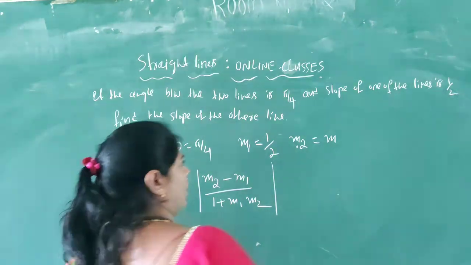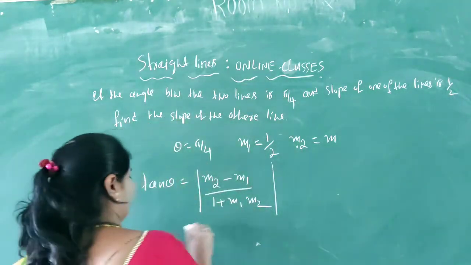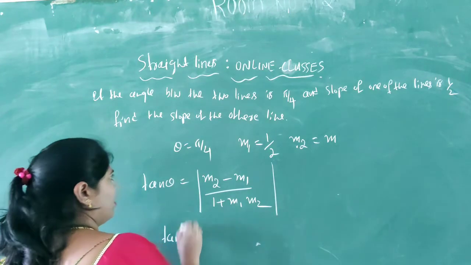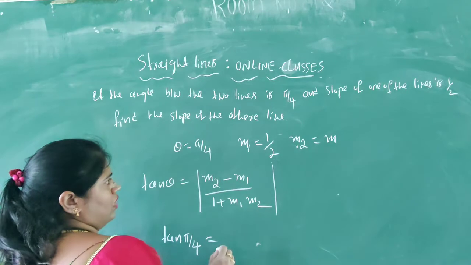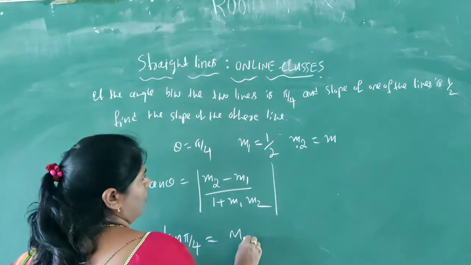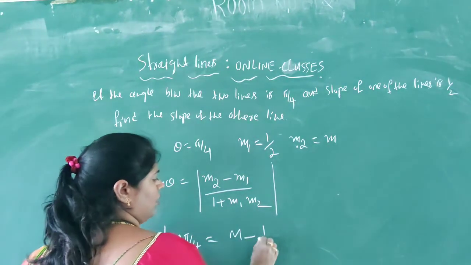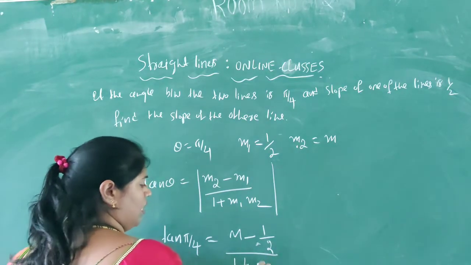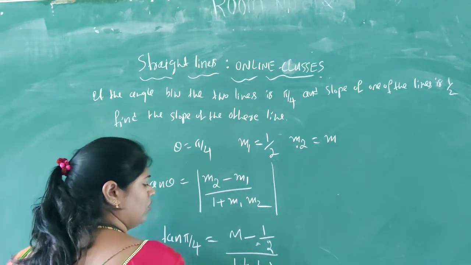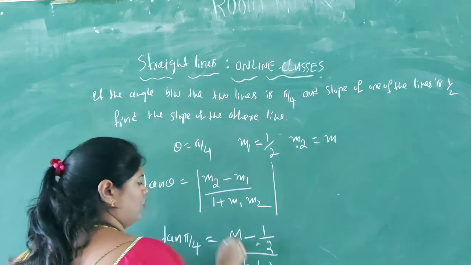So we know all the values that are given. So tan theta, what is theta? Theta is equal to pi by 4. So m2 is m minus m1 is 1 by 2, divided by 1 plus m1 is 1 by 2 into m2 is m. Okay.